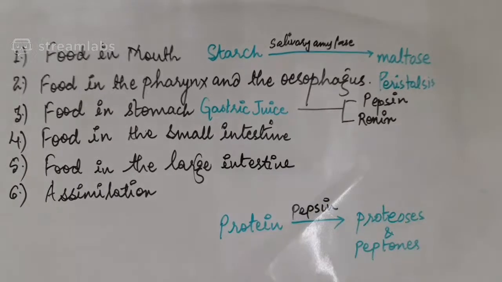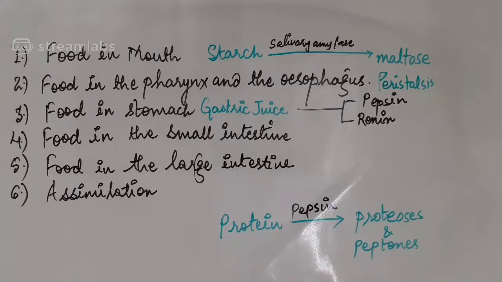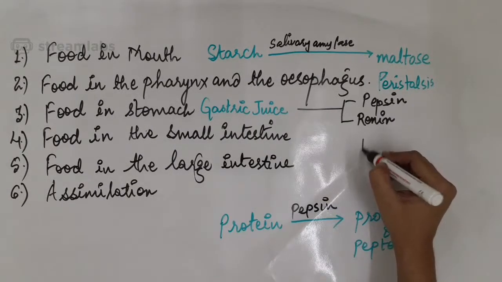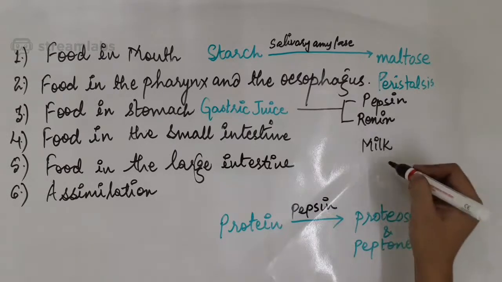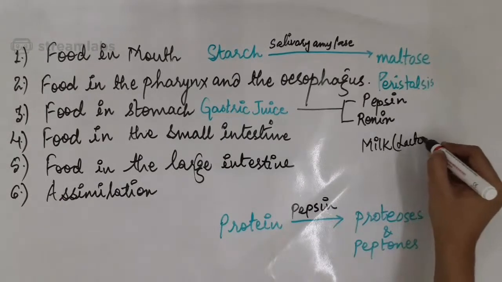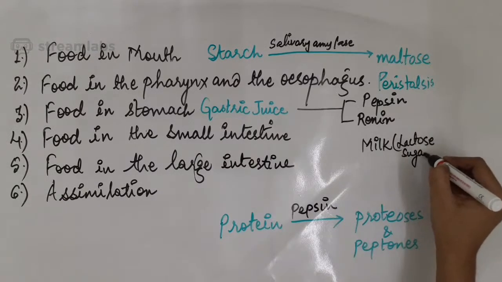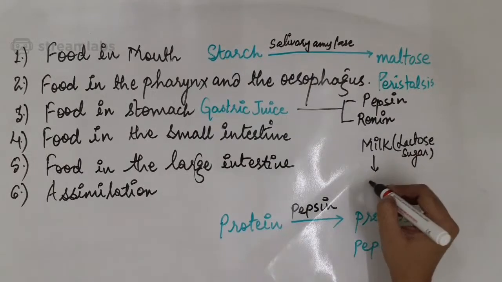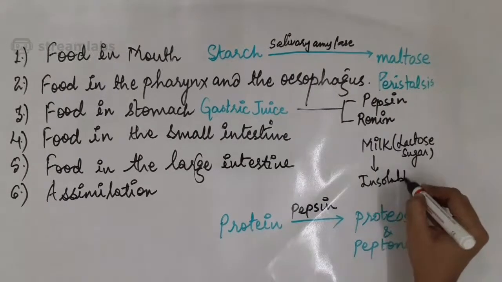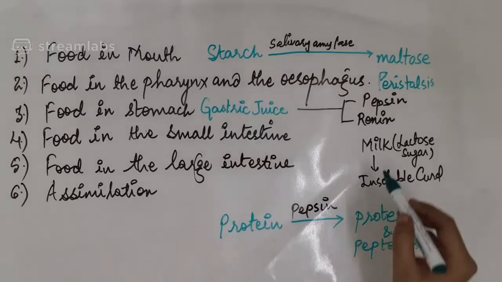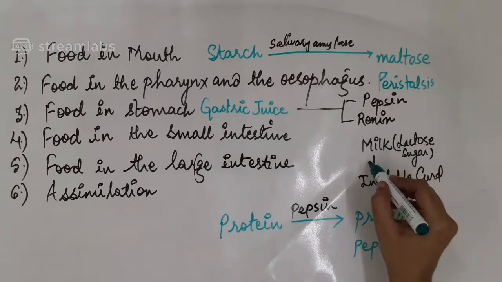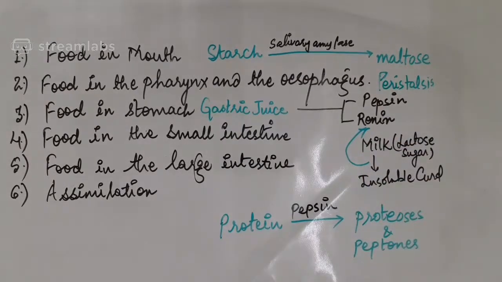Second enzyme, that is renin, converts the casein into paracasein, or you can call this renin helps in the conversion of milk, that is lactose sugar, into insoluble curd. Making curd from milk, acting on the sugar present in milk, this is the work of the renin enzyme.